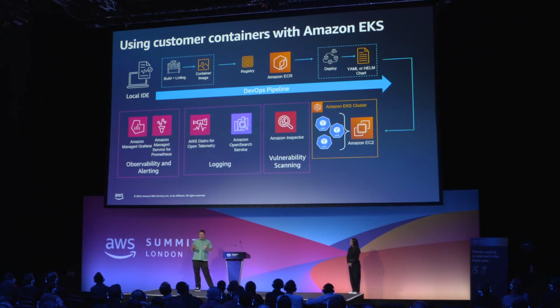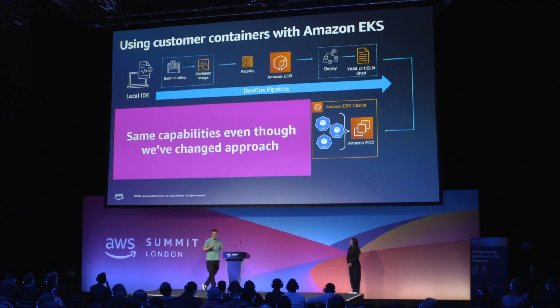But how do we design this for maximum flexibility and open source? So there are some open source managed services approaches that we can use to build maximum flexibility and portability into your architecture. These are things like Amazon Managed Prometheus, Amazon Managed Grafana, the AWS Distro for OpenTelemetry for logging. And then you continue using other AWS managed services.